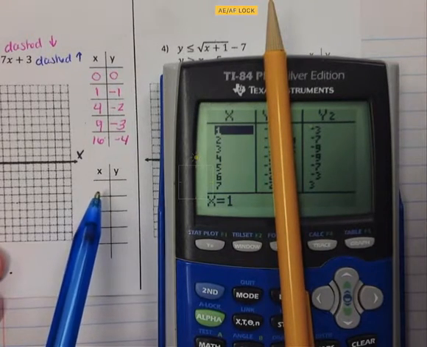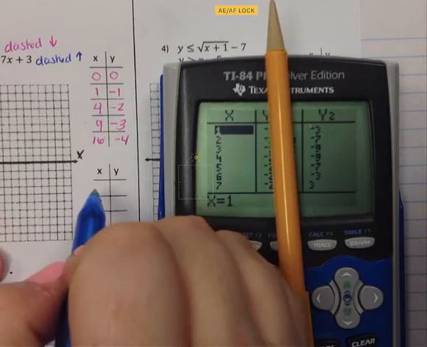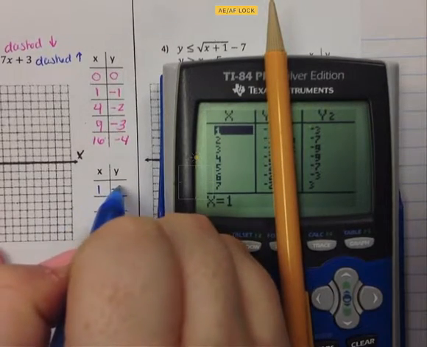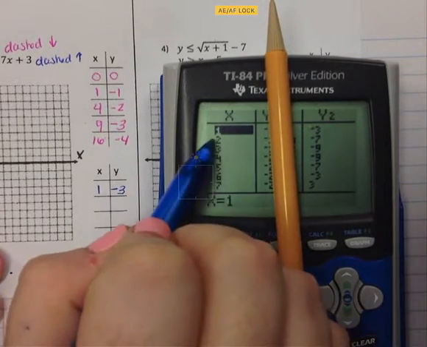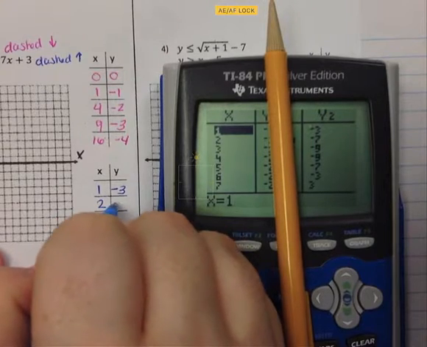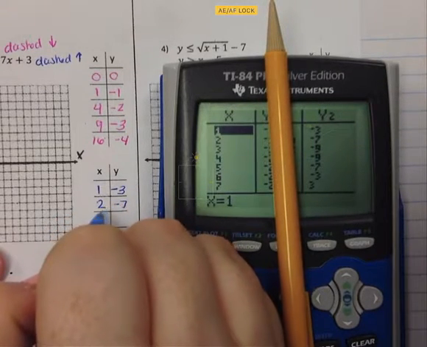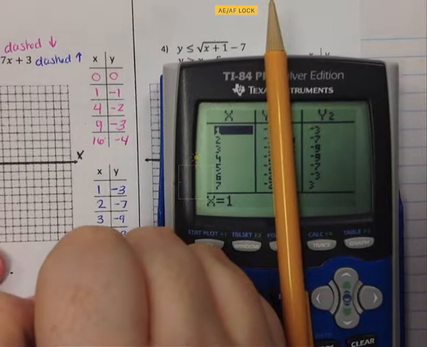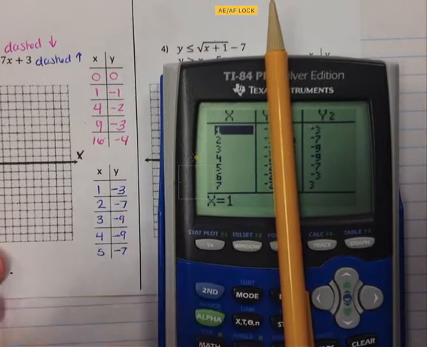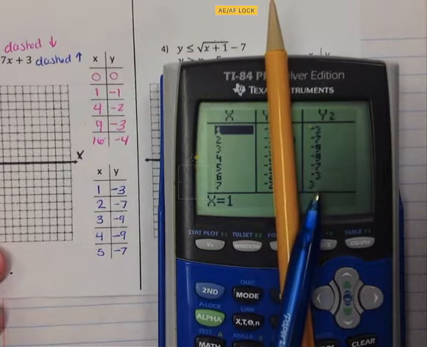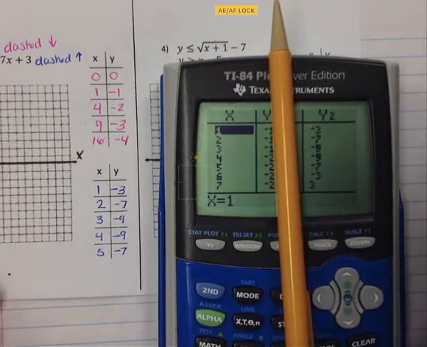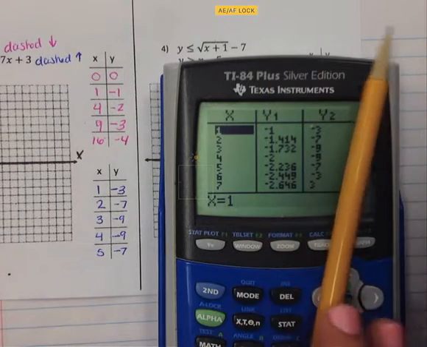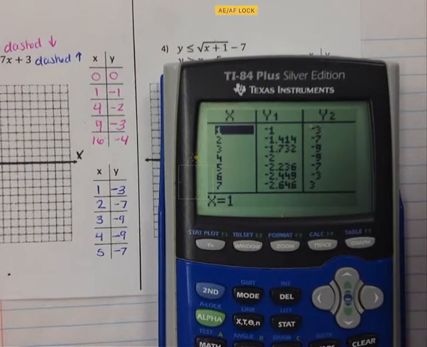I can do 1, -3, then 2, -7, 3, -9, then 4, -9, then 5, -7, and then 6 would be at -3 again. Looks like 7 is at +3, so we can graph even more. That's helpful when we're going to be graphing them.